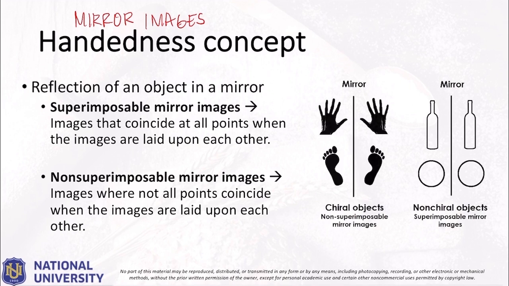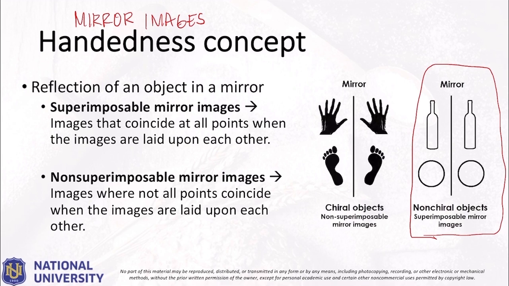When we say superimposable mirror images, these are images that coincide at all points when the images are laid upon each other. So, kapag superimposable images, indistinguishable from their mirror images. Like this one. So, hindi mo siya ma-identify kung alin dyan yung mirror image, no? Since kapag tinapat mo siya sa mirror, same yung kanyang reflection, no?